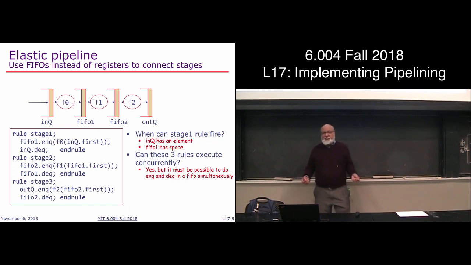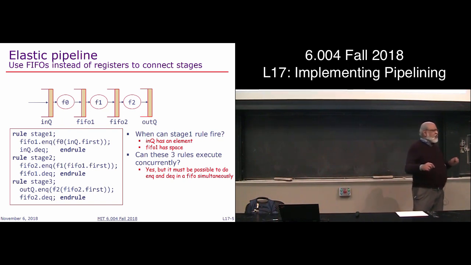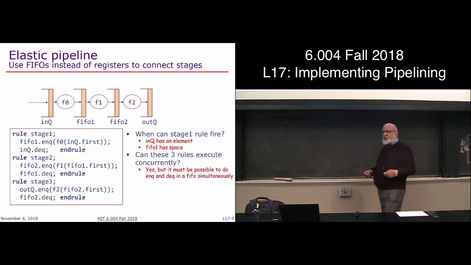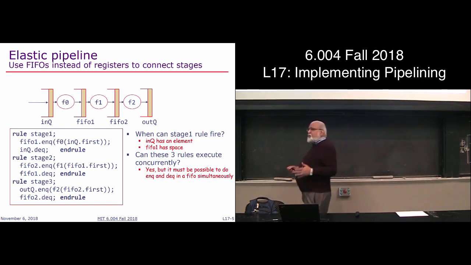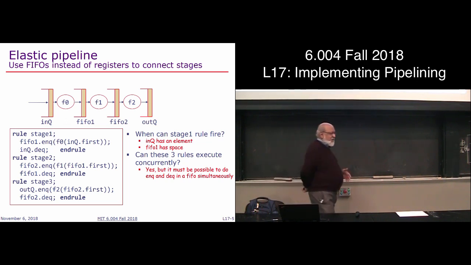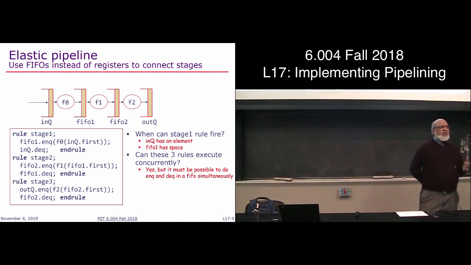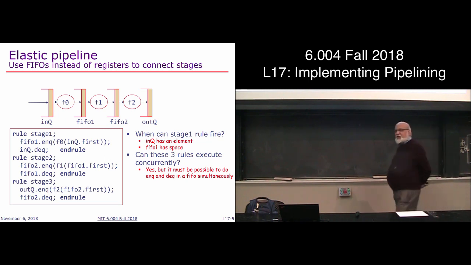Because if you gave me a FIFO implementation where enqueue and dequeue cannot be done in parallel, then this pipeline is not going to quite function the way you expect it to. So for all 3 rules to go in parallel, it's essential that the FIFO has some special properties, like it must support concurrent enqueue and dequeue.